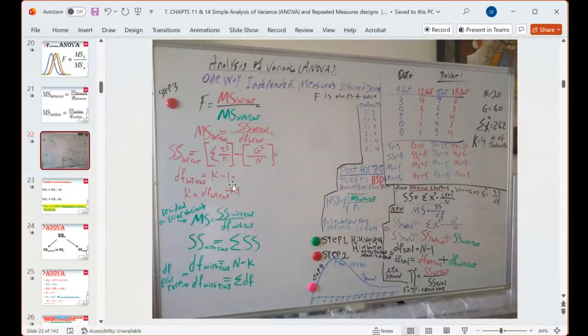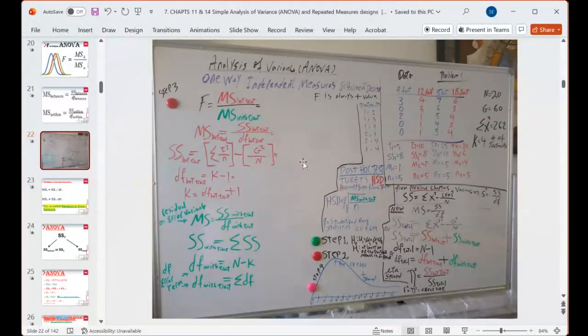If you follow the color, then you understand quicker, faster, and less confused. So whatever you see in here, if it's in red, it's related to MS between. Like, again, in order to calculate MS between, that's how you do it.